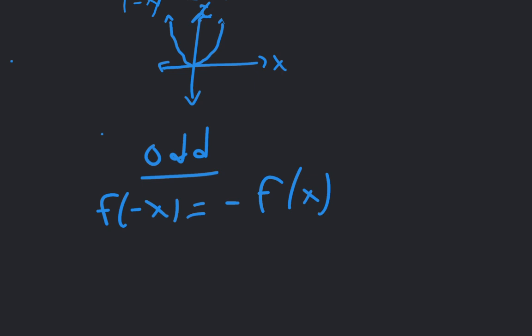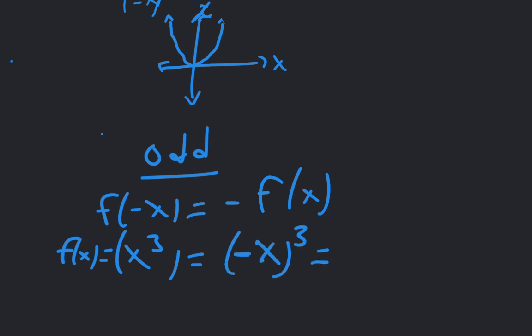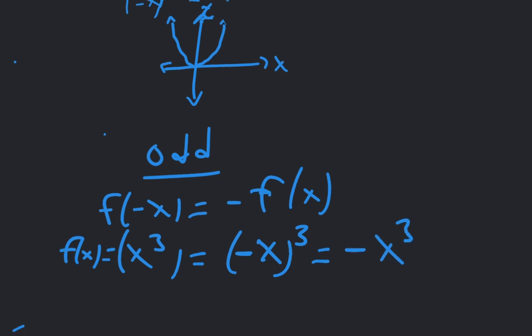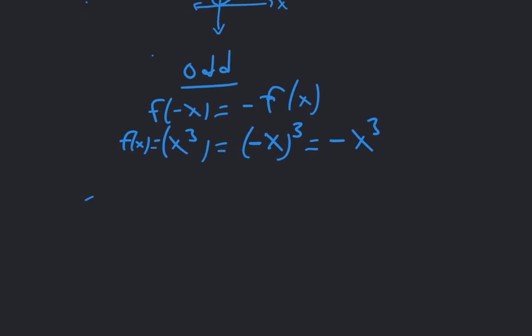So for instance, x cubed would be an odd function, because when we take a negative value and cube that, we are left with negative x cubed, which does not say positive.